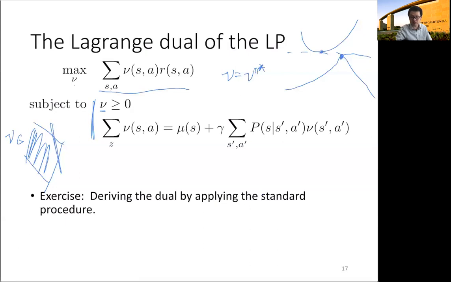For a linear program, we know that this feasible region is feasible. There exists at least one fixed policy that satisfies this, so it is feasible. Therefore, by Slater's condition, you can show that the linear program satisfies the so-called strong duality, which says that the minimum of the primal is equal to the max of the dual.